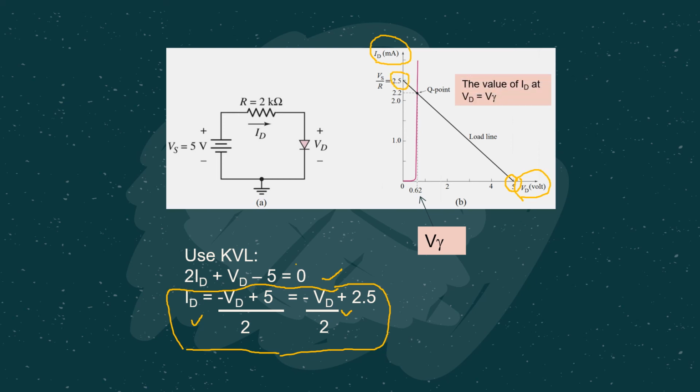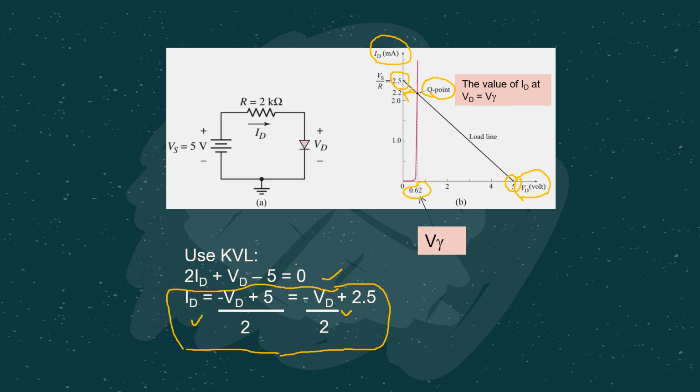So you have 2 points, and then you can connect them together. The intersection between the straight line and the IV curve of the diode should give us the value of the Q point. From this intersection, you can see this should be the value of our ID, and this should be the value of our VD.